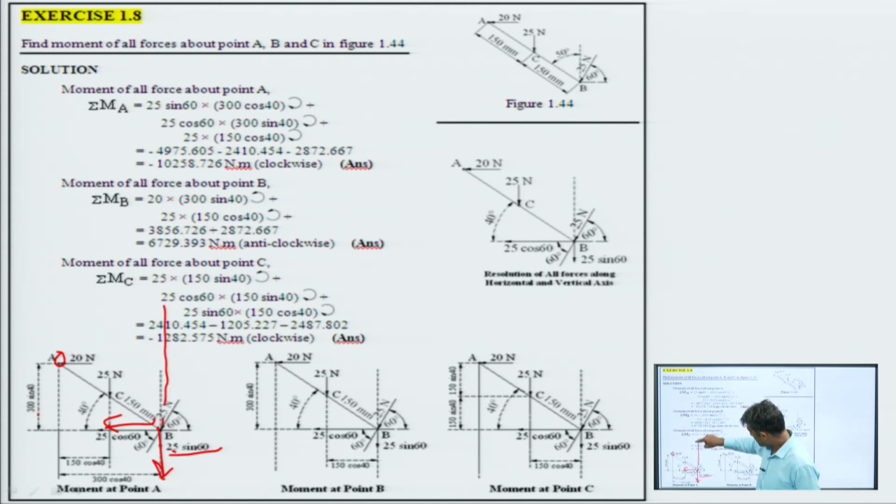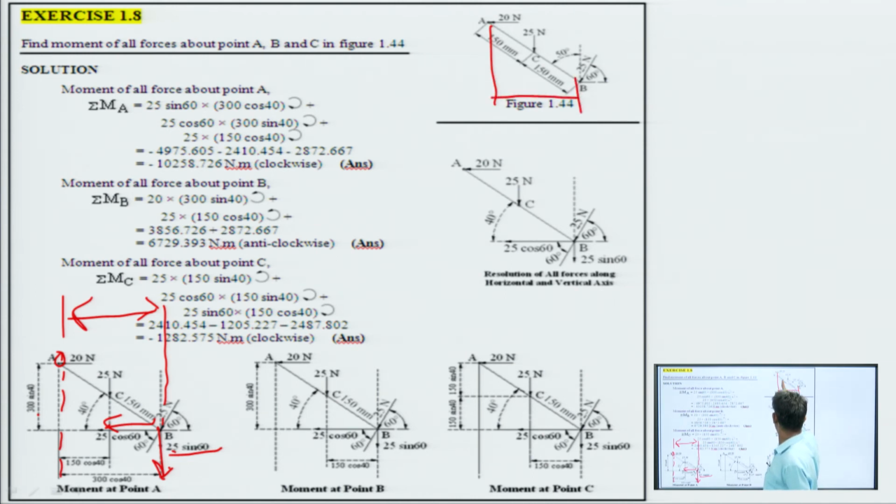Make a line, make a parallel line, and the perpendicular distance will be this. And what is this value? This value will be this.